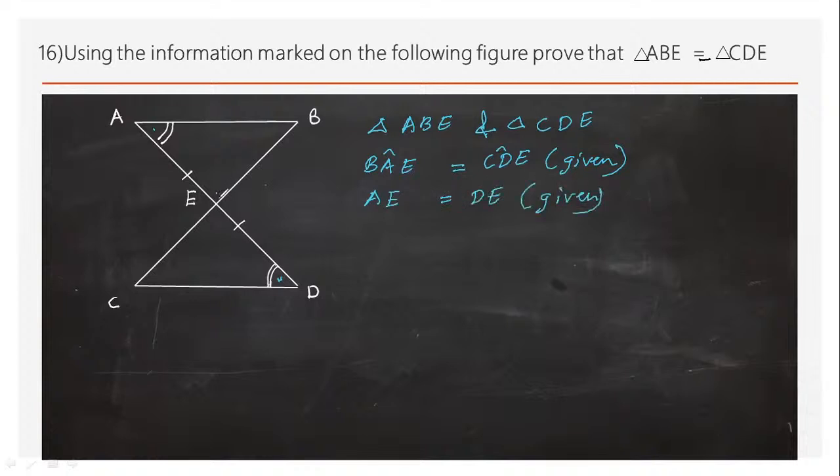Then what about this angle and this angle? Vertically opposite angles: when two lines intersect each other, vertically opposite angles are equal. So we can write angle AEB equals angle CED.